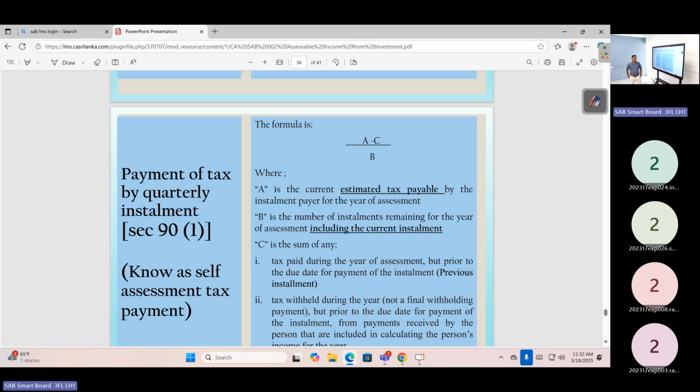So A is the current estimated tax payable by the installment payer for the year. B is the number of installments remaining for the year of assessment, including the current installment. C is the sum of any tax paid during the year of assessment, but prior to the due date of the payment of the installment. That means actual tax payment, if any, before the due date of the installment payment.